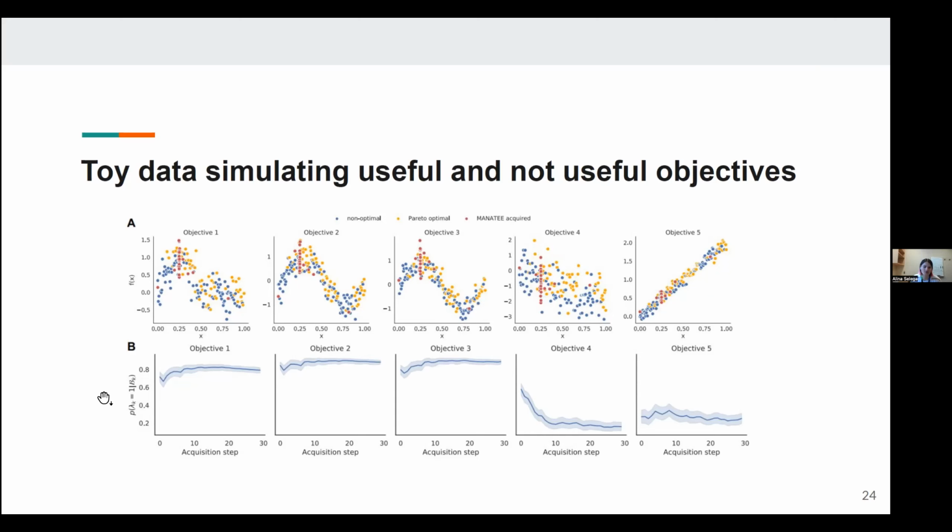In the bottom row, I'm showing the posterior probability for an objective being useful conditioned on its behaviors. With the 3 sines, these are quite high probabilities. And for the 2 non-useful objectives, the probabilities of being useful are lower. That's why we're able to maximize these 3 useful objectives, and that is reflected in the acquisitions.